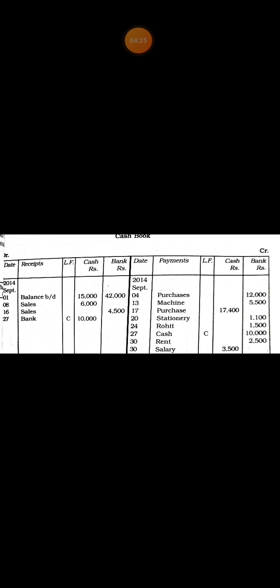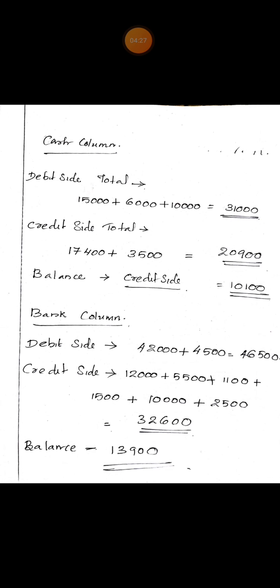Next step is balancing. For balancing, take the debit side total of cash book. Cash column, debit side total 31,000. Cash column, credit side total is 20,900.